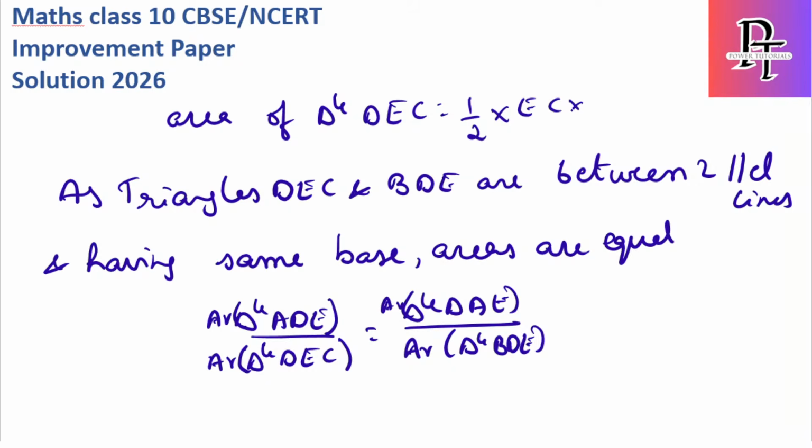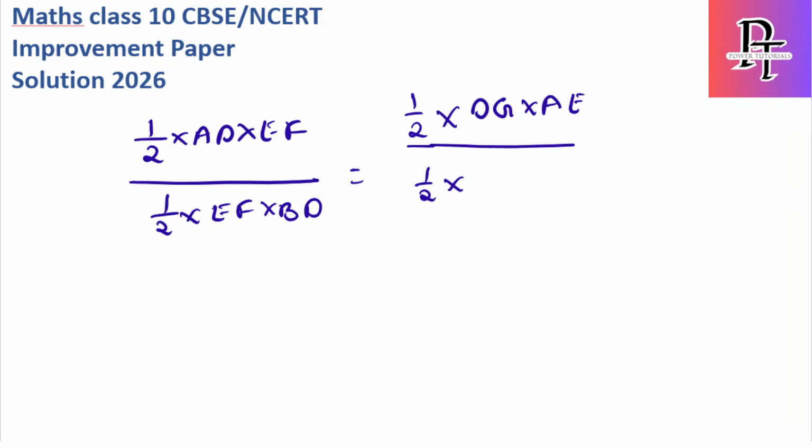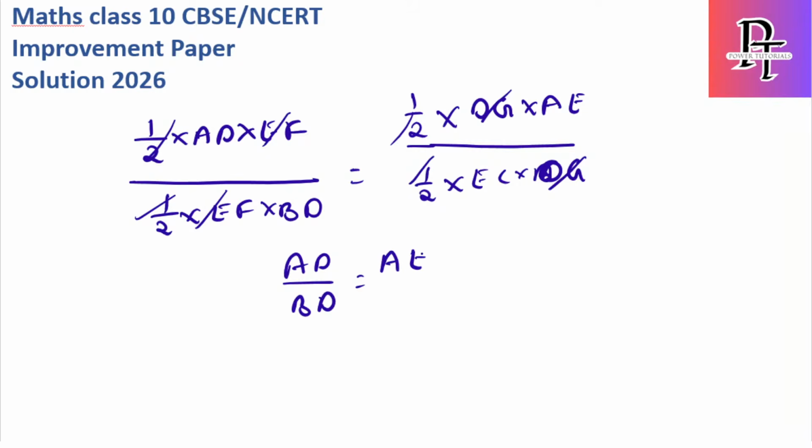EC into DG. Now this also write it here, EC into DG. So DG gets cancelled out. Same way EF gets cancelled out. Half also gets cancelled out. So finally I'll get AD by BD is equal to AE by EC.